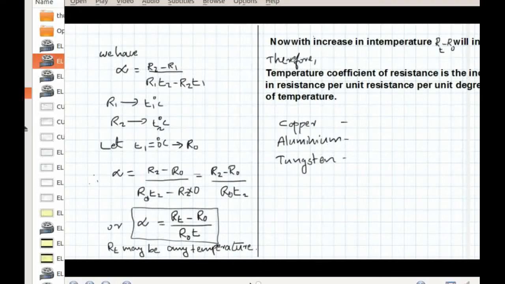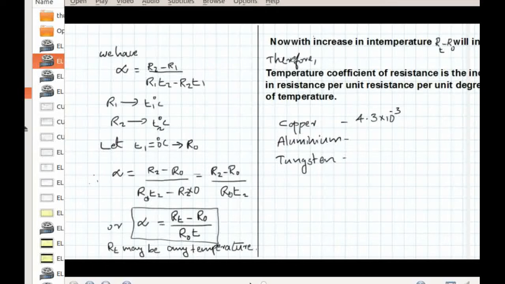Now we may find the values of temperature coefficient of resistance for some materials. The materials listed are copper, aluminum and tungsten. And what is the alpha value? What is the temperature coefficient of resistance of copper?